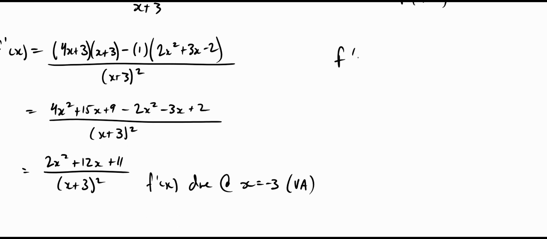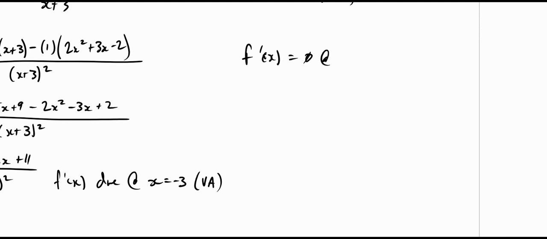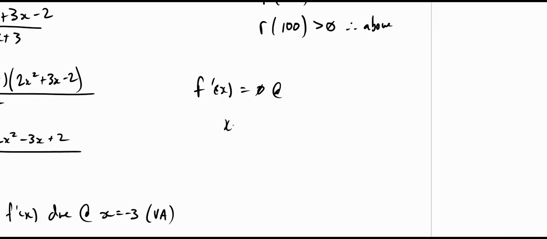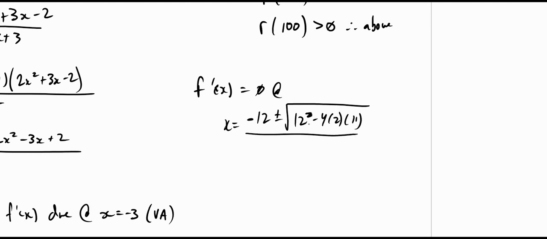So f prime at x equals 0 at x equals negative b plus or minus the square root of, there's that b squared minus 4ac, which works out to 56, over 2a.